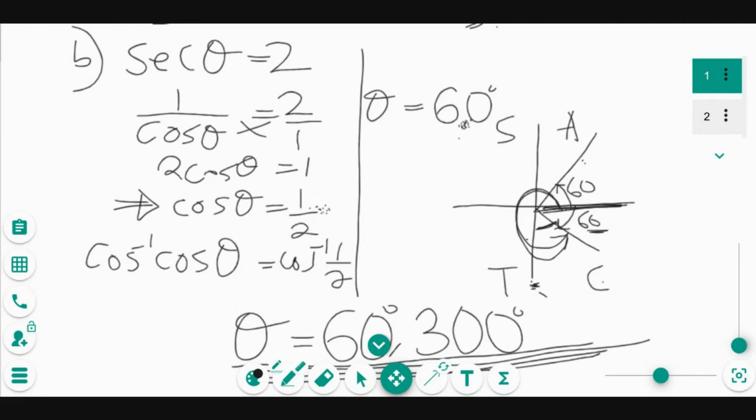So this was quite a high order. It required us to first convert from sec to cos, make cos the subject, take the cos inverse, and then represent on the quadrants to get the final values. We advance, we continue.